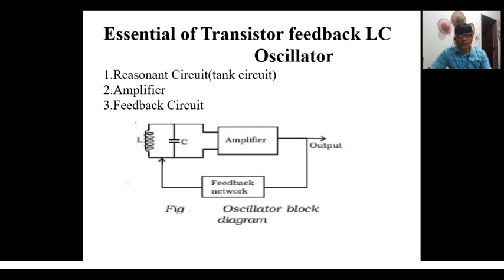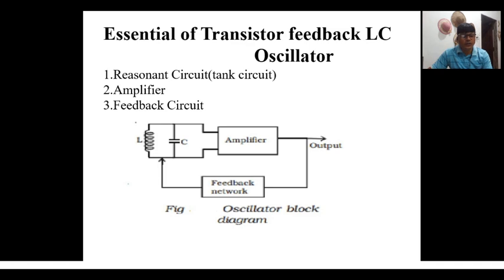This can be achieved by employing a transistor circuit because of its ability to amplify. A transistor is a very efficient energy converter, that is, it converts DC power to AC power.